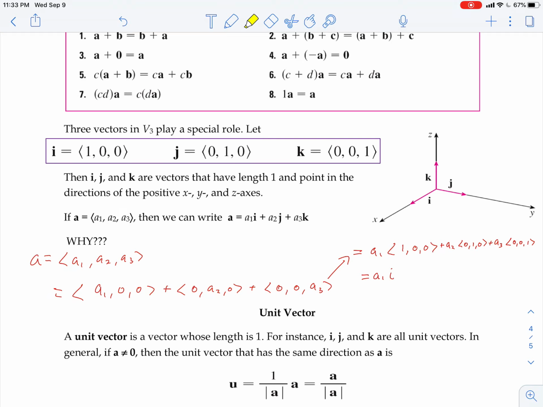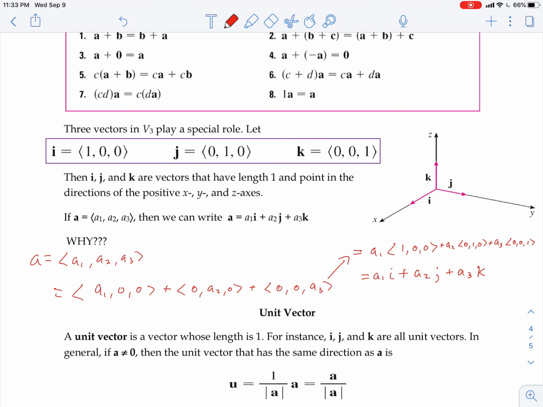Alright? So then I can say a sub 1 I plus a sub 2, the 0, 1, 0 vector is just j, plus a sub 3, and the 0, 0, 1 vector is just k.